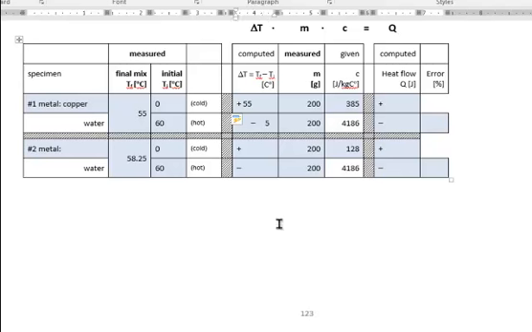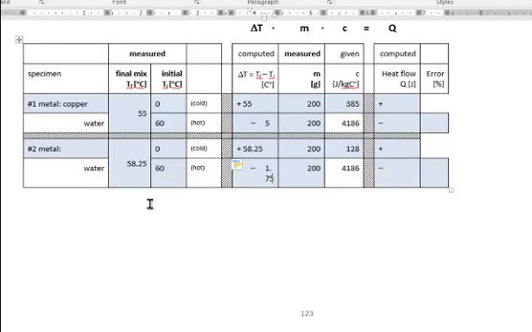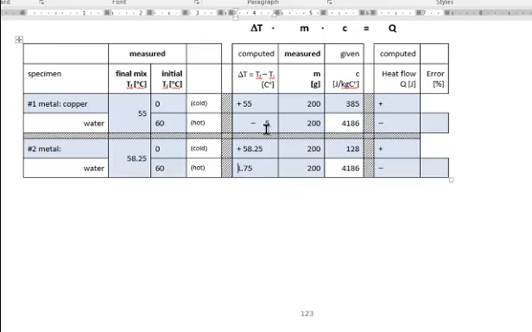Let's see, this one is 58.25. That's how much the lead has increased in temperature. And then this one is -1.75. That's how much the water has decreased in temperature. And I wish it wouldn't do that.